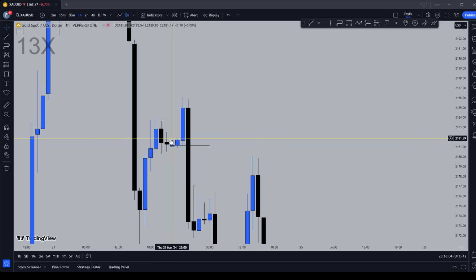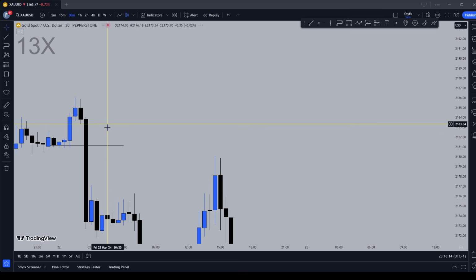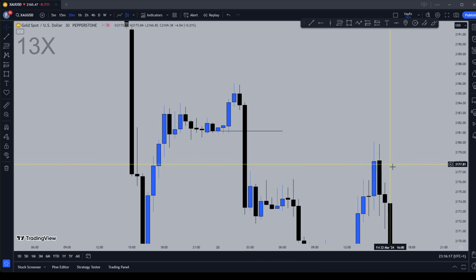Two same colored candles, two same bullish candles. This is a gap in 1 hour. Let's see it in 30 minutes. Oh, good.